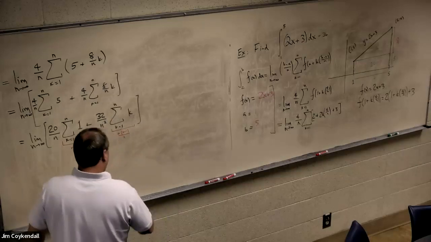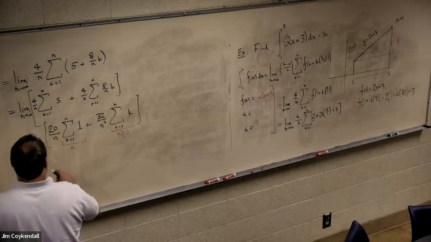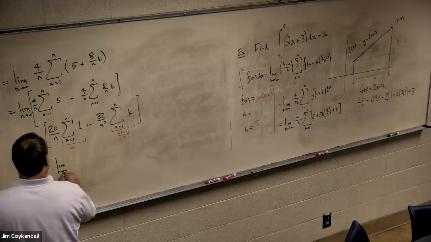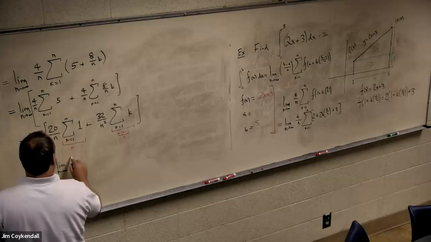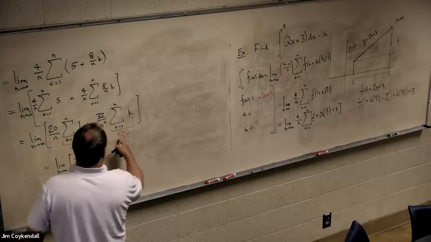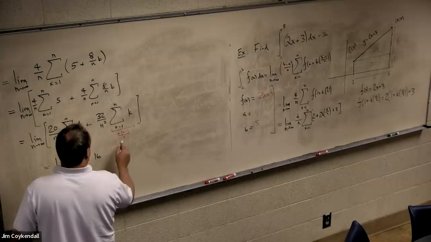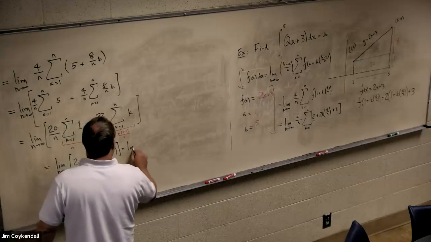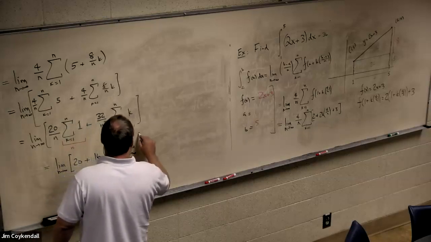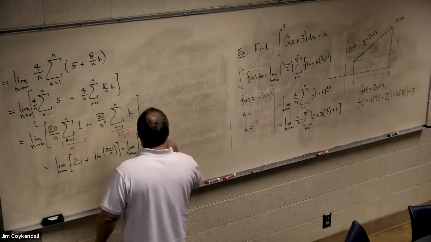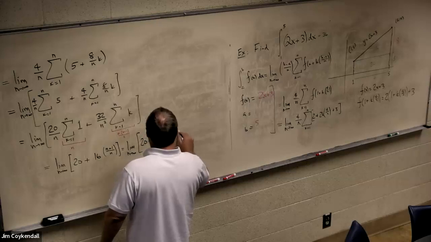All right. So this becomes the limit as n goes to infinity. 20 over n times n is 20. And this becomes 16. One of the n's cancels, n plus 1 over n. This is 20, and this is 16 times 1 plus 1 over n.